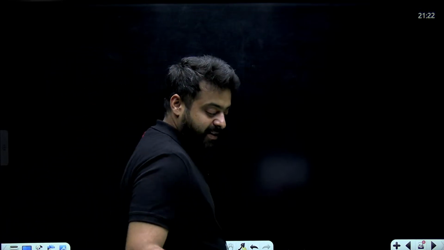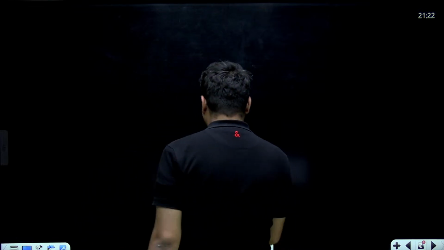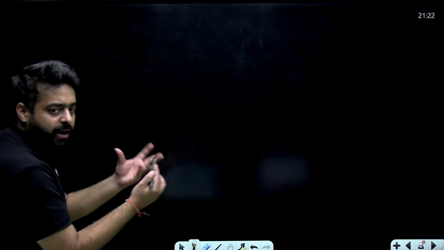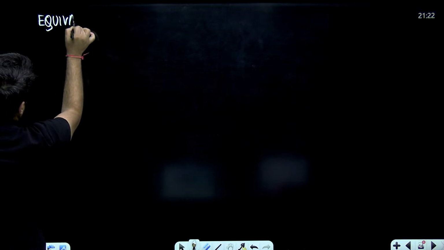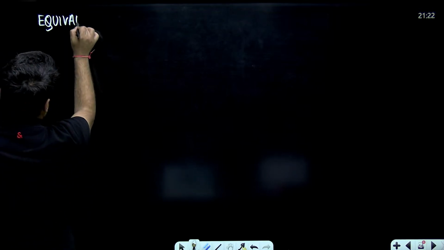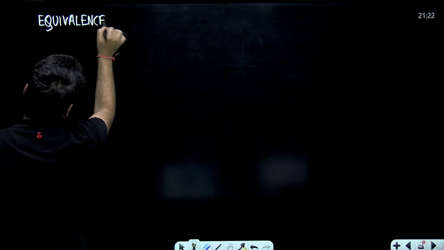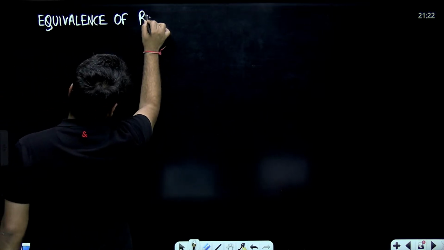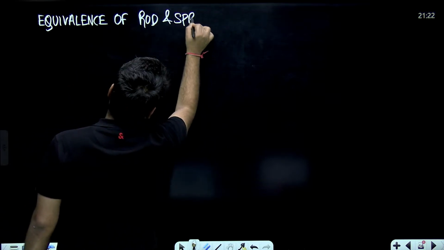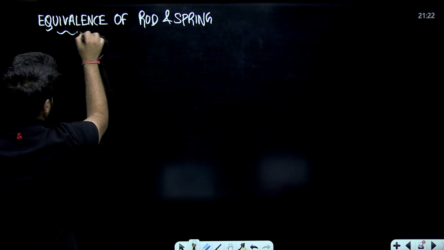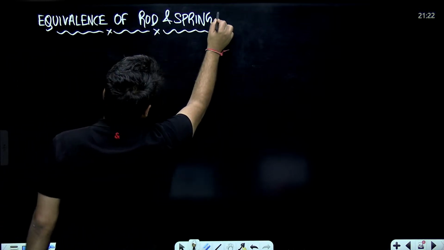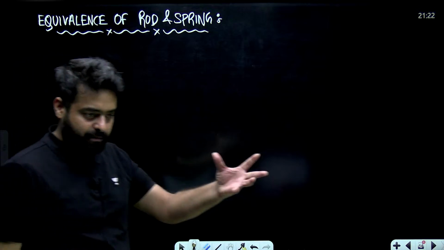So let's go back to something which is highly important, and that is basically the spring equivalency of the rod, which we already completed, but for understanding, what is the equivalency of a rod and spring, so that I can teach you the concept by relating the rod as a spring.